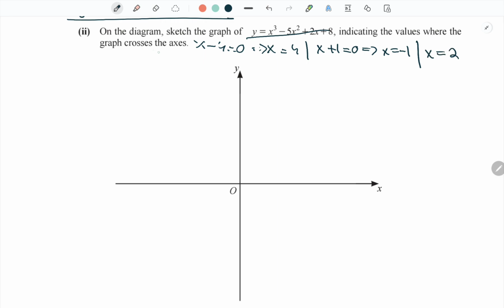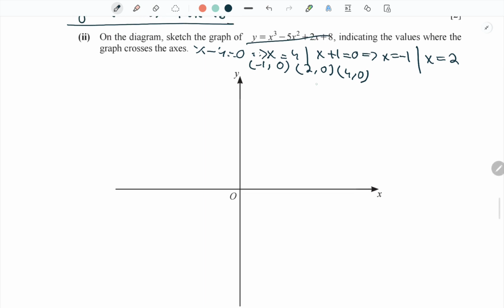So we have the points here: negative 1 comma 0, 2 comma 0, and the third one, 4 comma 0. Now we set x equals to 0 in the equation.